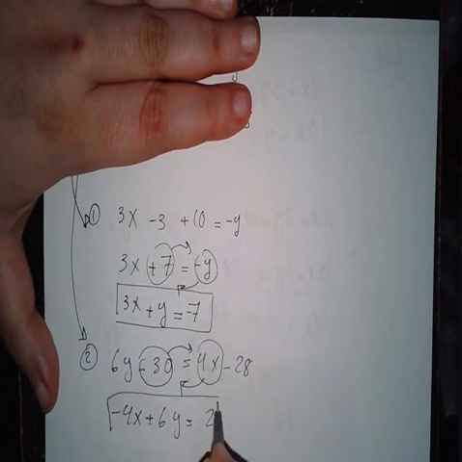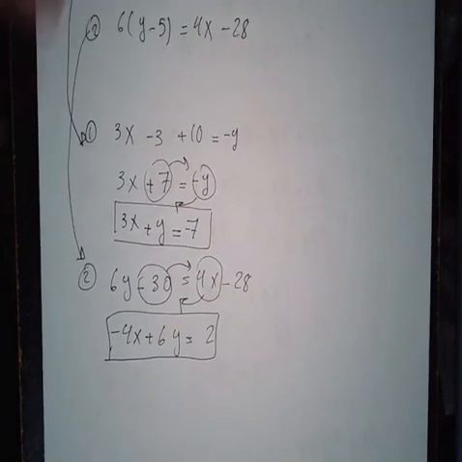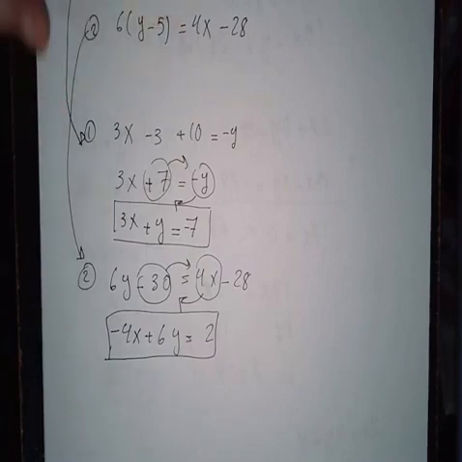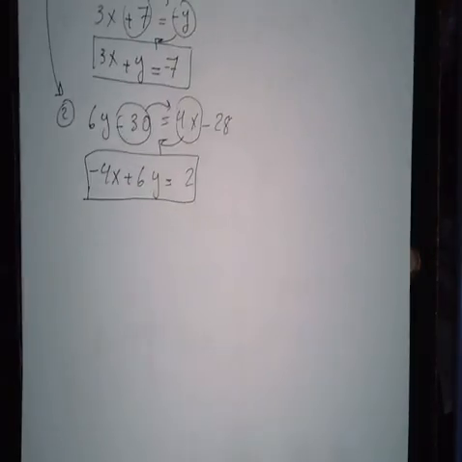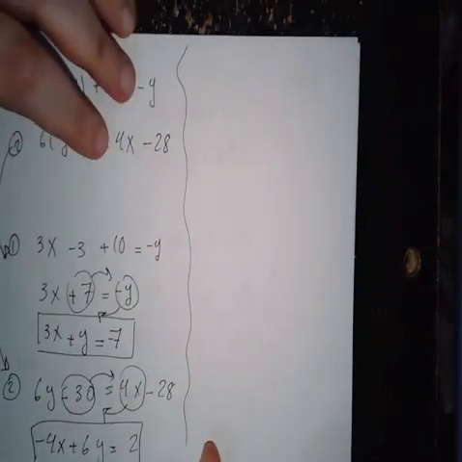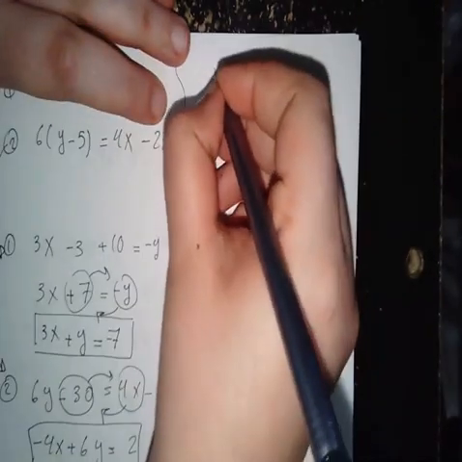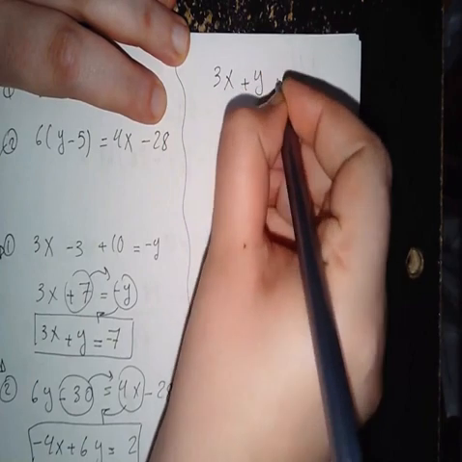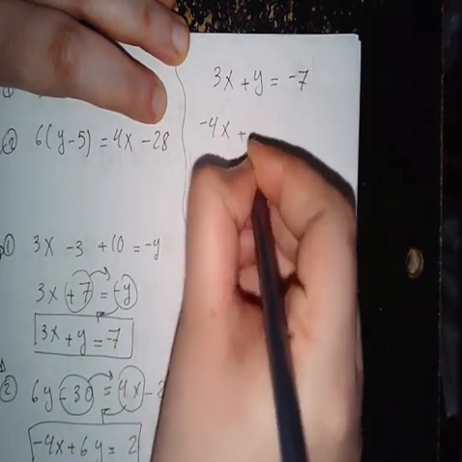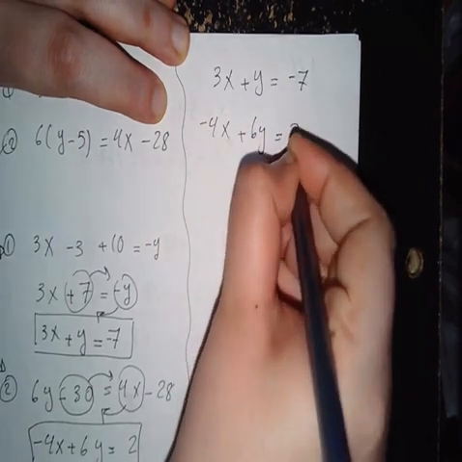And this is my second equation. Yeah? So these are the two I'm going to use now. I rewrote them. Okay. Now, let me write them on top of each other so you can see what the system would look like. Negative 4x plus 6y equals 2.